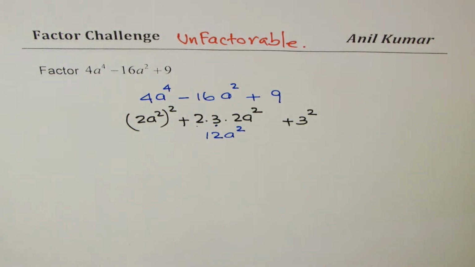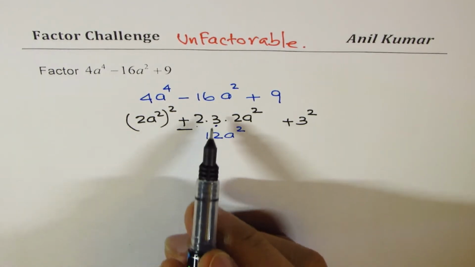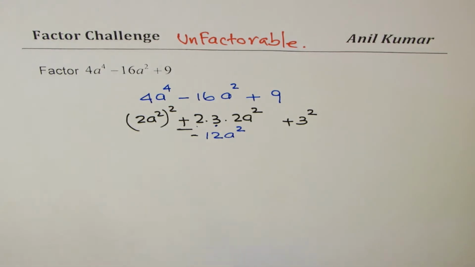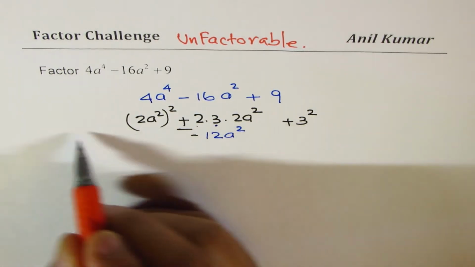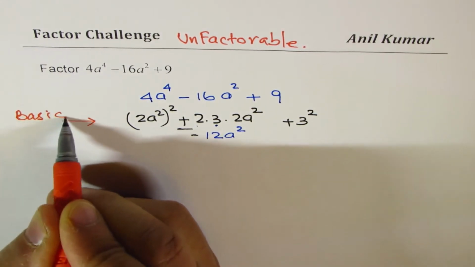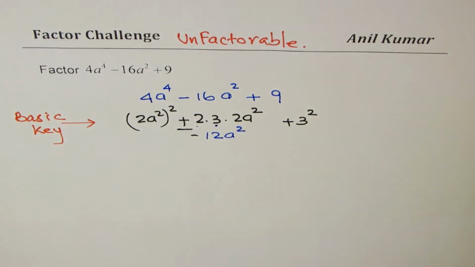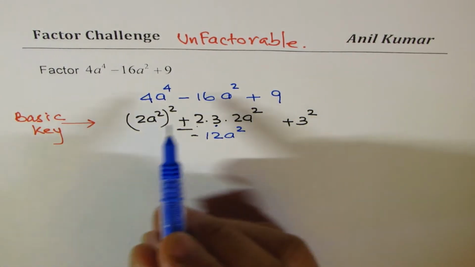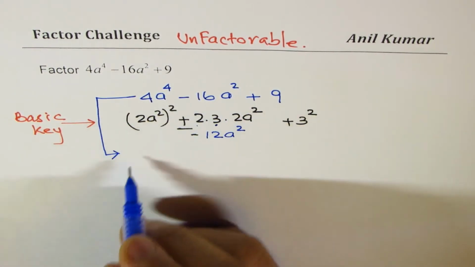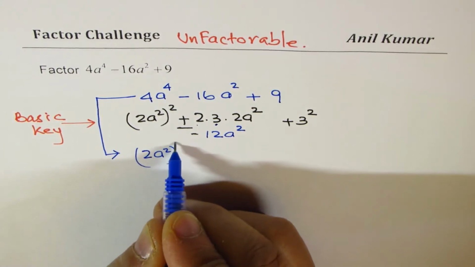Is it okay? Well, we could have worked with negative also, since this is negative. But I have negative 12a square. Do you get an idea? So this is kind of key to understand, a basic key. That gives you an idea. So the idea here is, let's get back to our original question. We could write this as 2a square whole square.